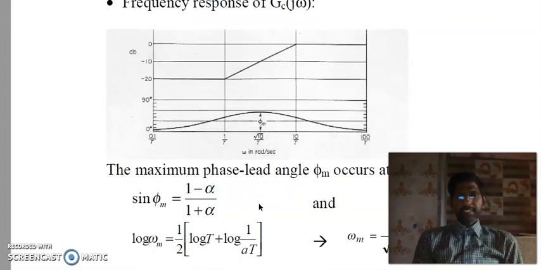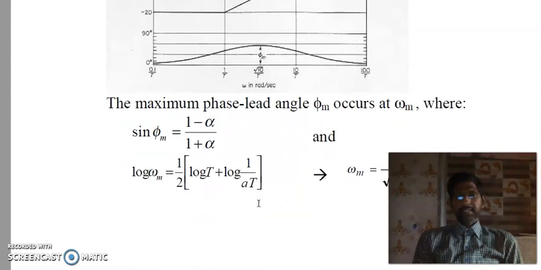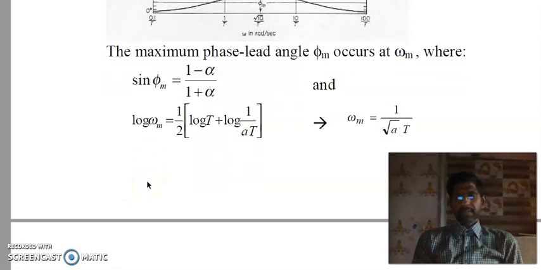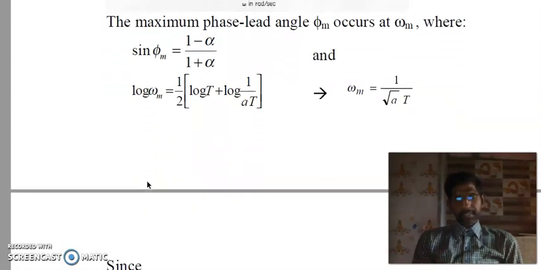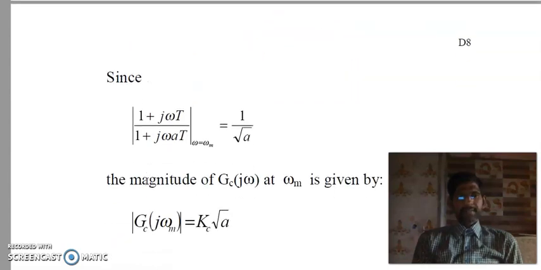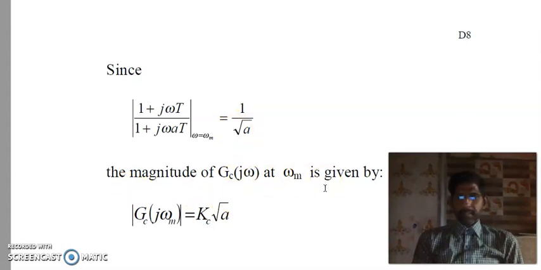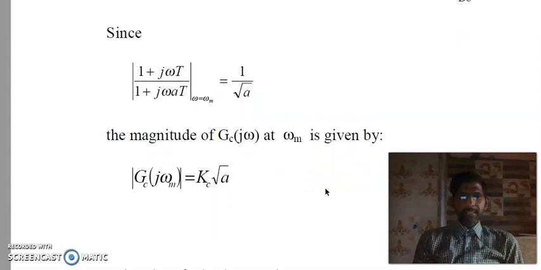The maximum phase lead angle phi m occurs at omega m, where sin phi m equal to (1 minus alpha) divided by (1 plus alpha). So omega m equal to 1 divided by root alpha T. Since omega m equal to 1 by root alpha T, the magnitude of the compensator at omega m is given by Kc root alpha.